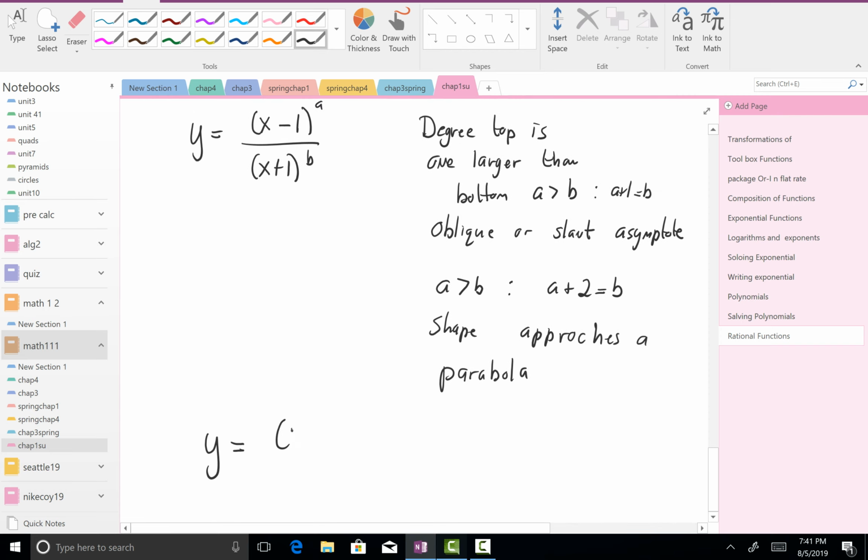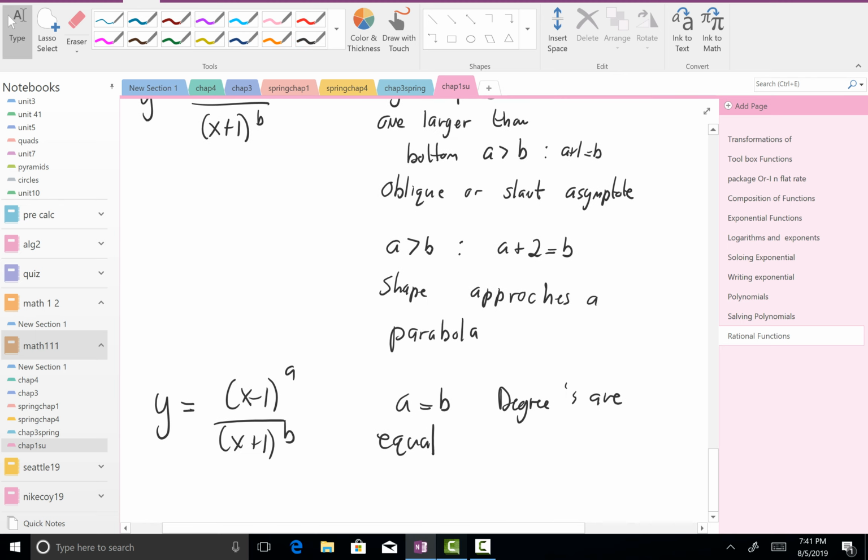If A and B are equal, so the degrees are equal, then we're going to get a horizontal asymptote of a constant, not 0.